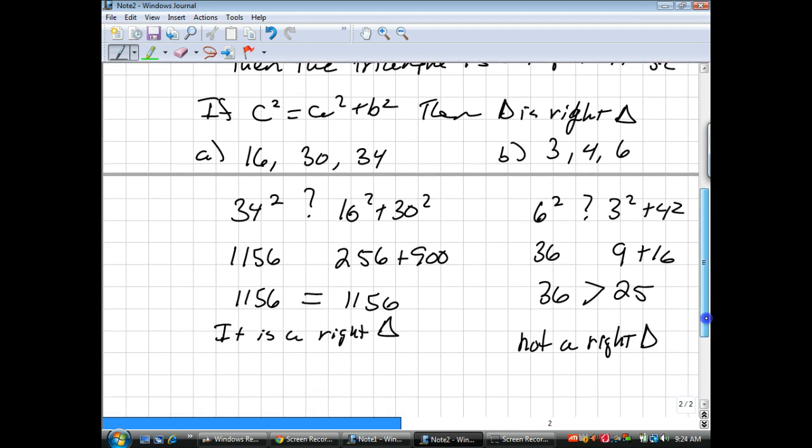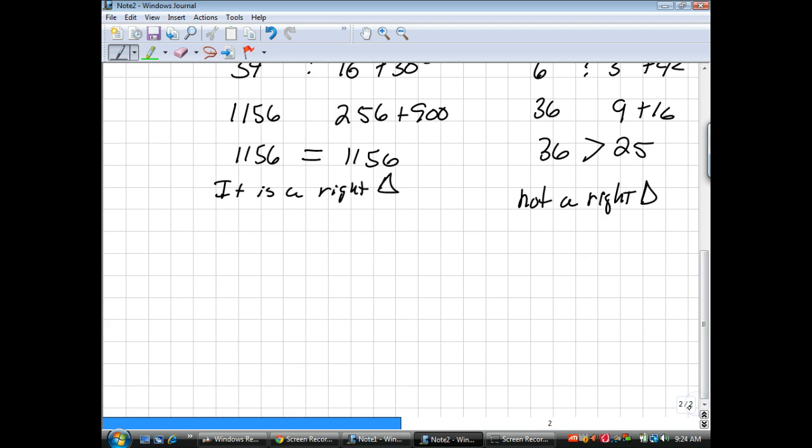Then there are what we call Pythagorean triples. In other words, these are values that always give you a right triangle. So the most common triple is the 3, 4, 5 triangle, and multiples of that. So if I multiply all those by 2, it'd be a 6, 8, 10, etc. So a 3, 4, 5 is always a right triangle.